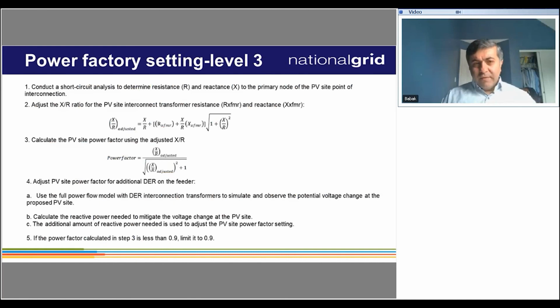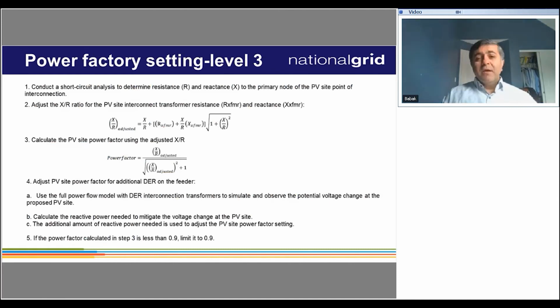So, starting with power factor setting, what you need to do first is put a fault on your ASPEN model, or any other software you're using. Put a fault on the high side of a connection transformer and look at the equivalent Thevenin impedance and also the R and X values at that location. So, equivalent Thevenin R and X.